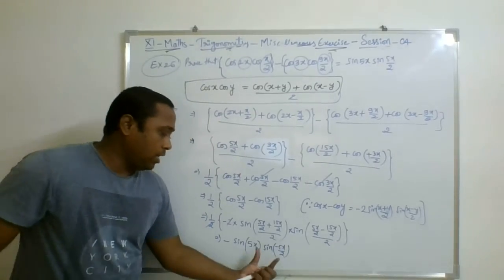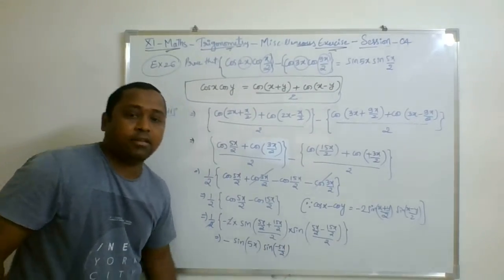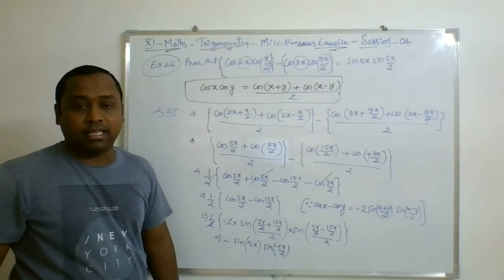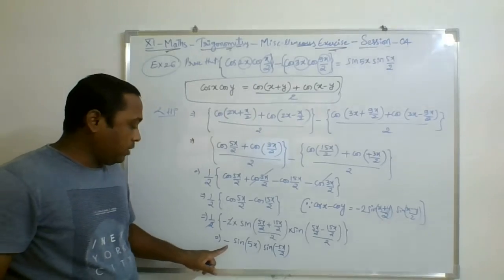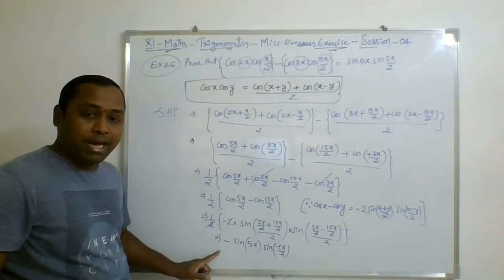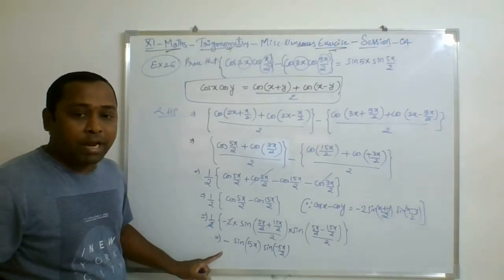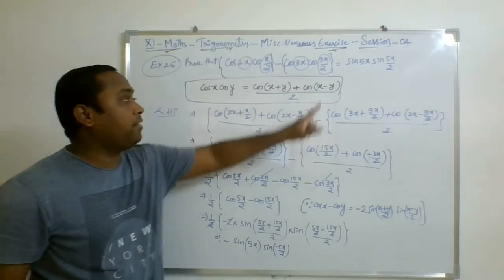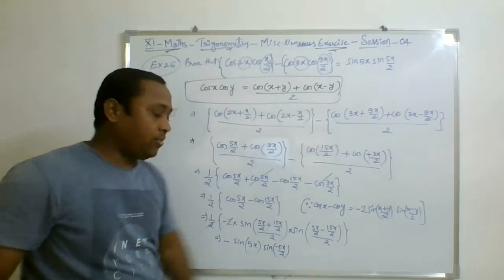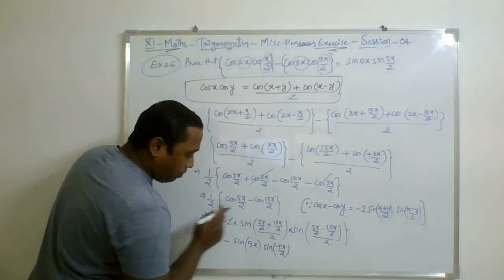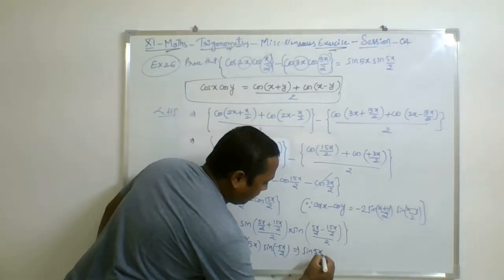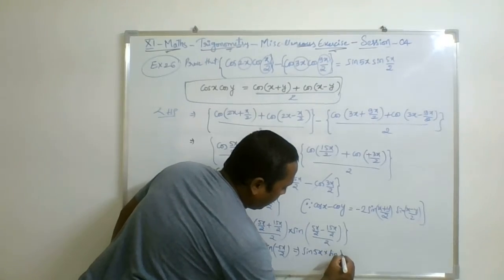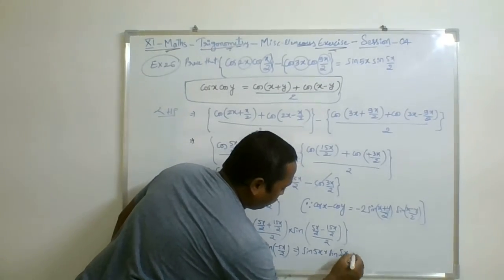And you know, sine of minus theta is minus sine theta. So this minus comes out first, and the two minuses balance, that is, it becomes plus. So finally we are left with the desired answer. The final answer would be sine 5x into sine 5x by 2.